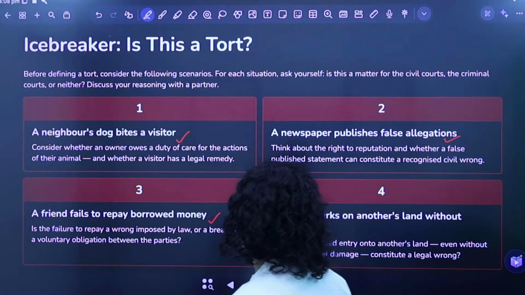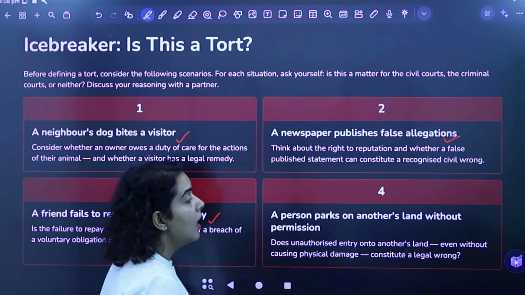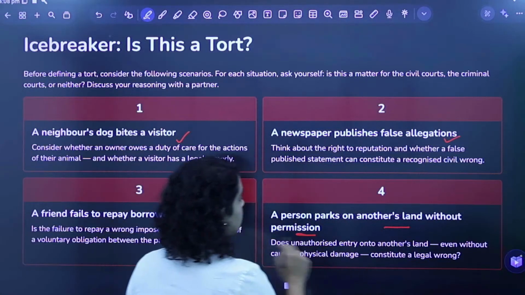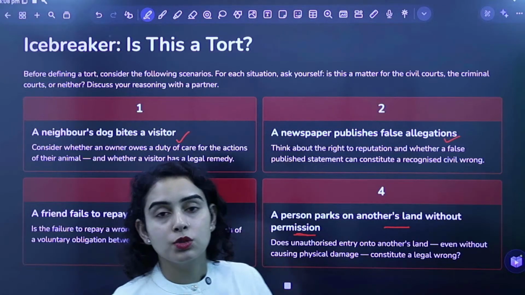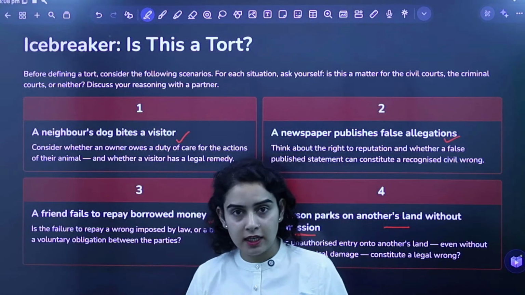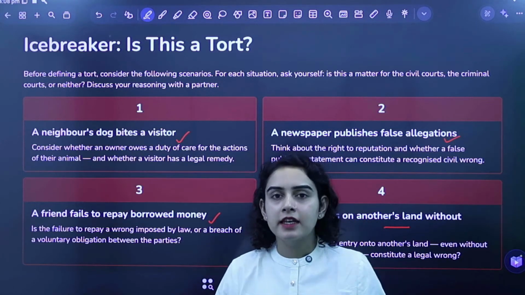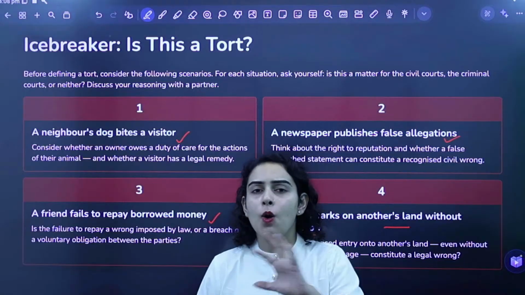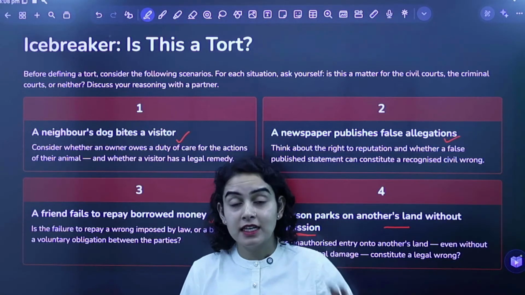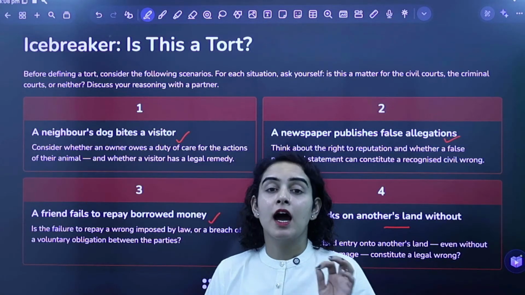Or if a person parks on another person's land without permission. This is not exactly a crime, but still it is an injury of a legal right. So in that case, what can be the solution? All of this has been explained to us in detail under law of torts.